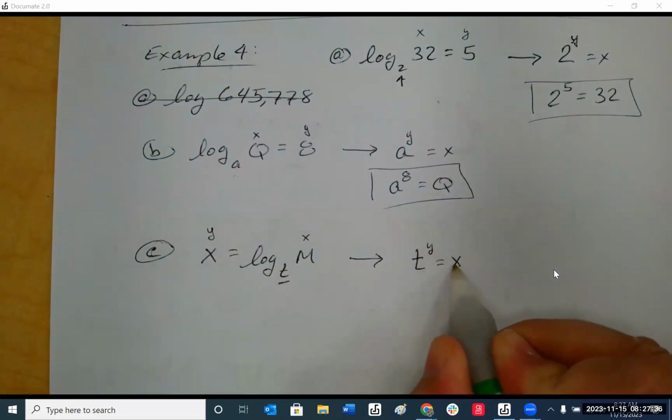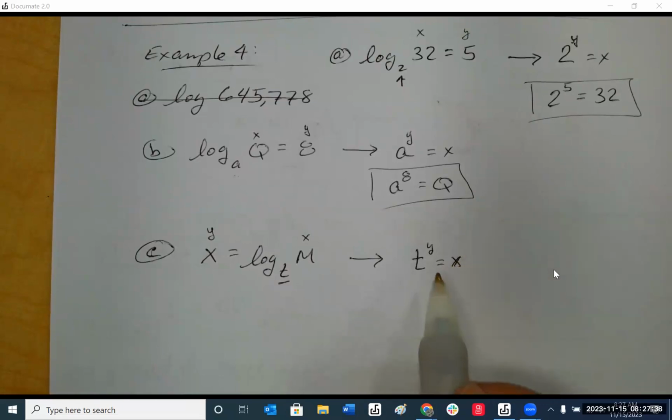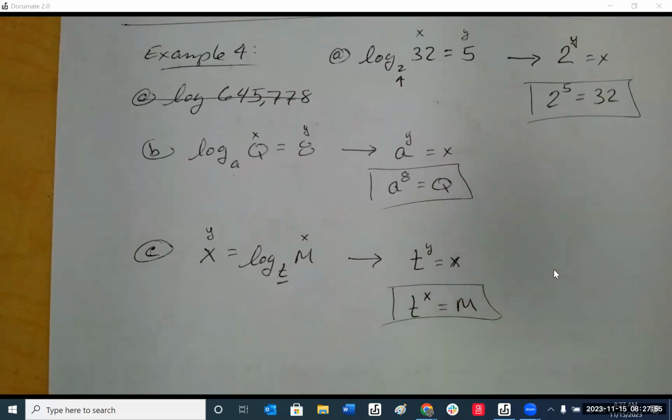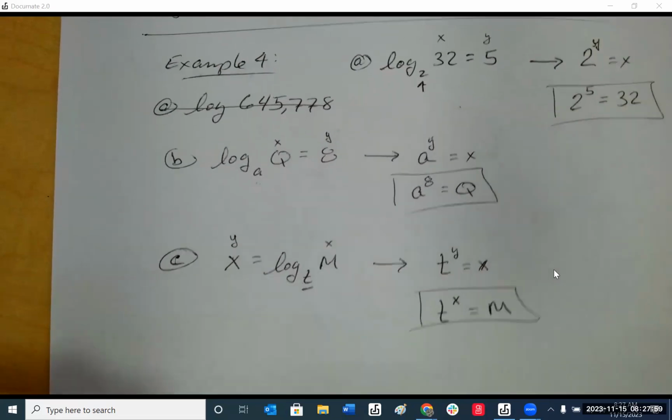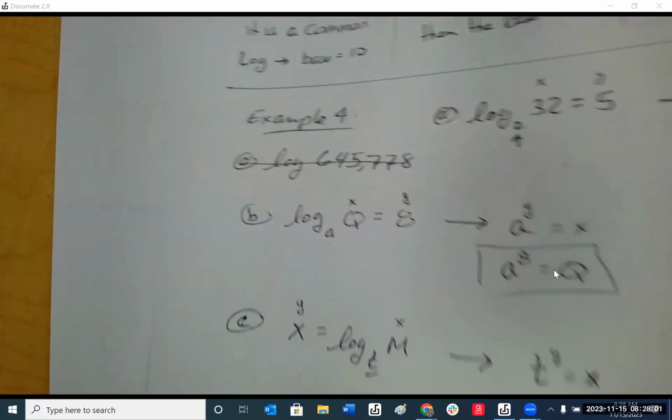Again, it's the inverse. So that's log base t of x equals y. I switch x and y. So my answer is t to the x is equal to m. So that's the conversion part.